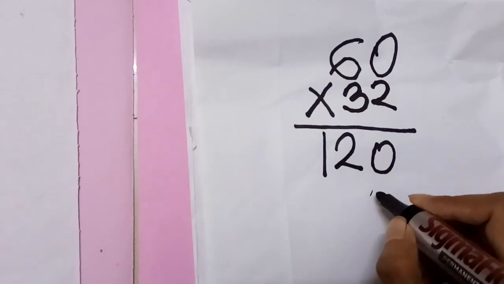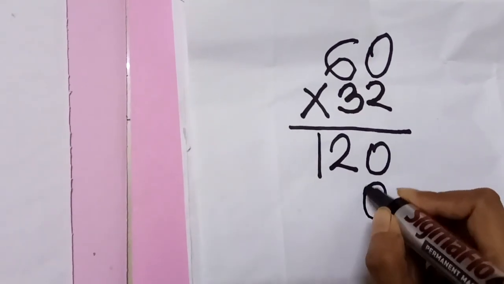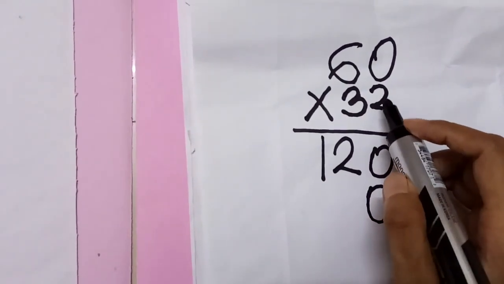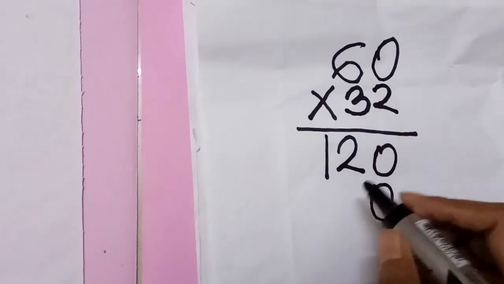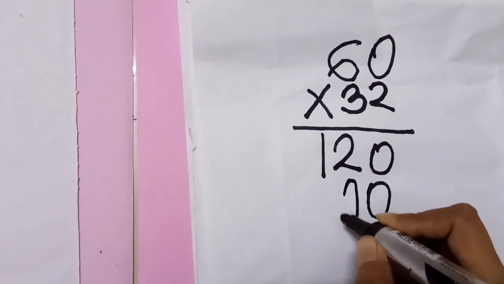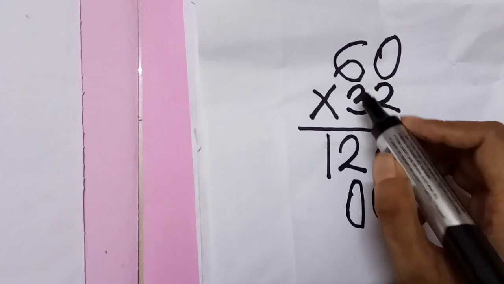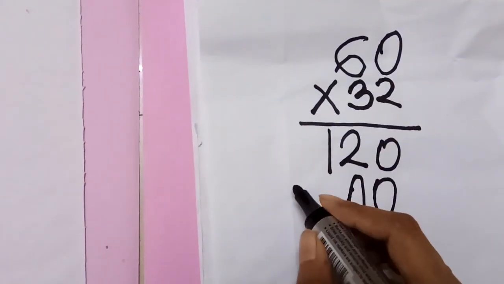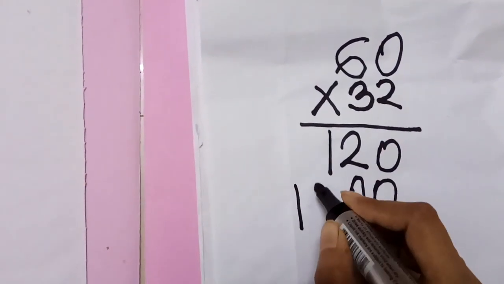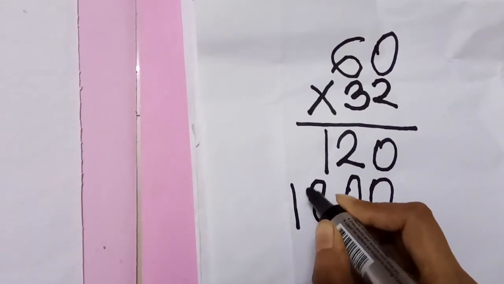Then extra 0. Let's multiply 3. 3 zeros are 0, 3 6s are 18.